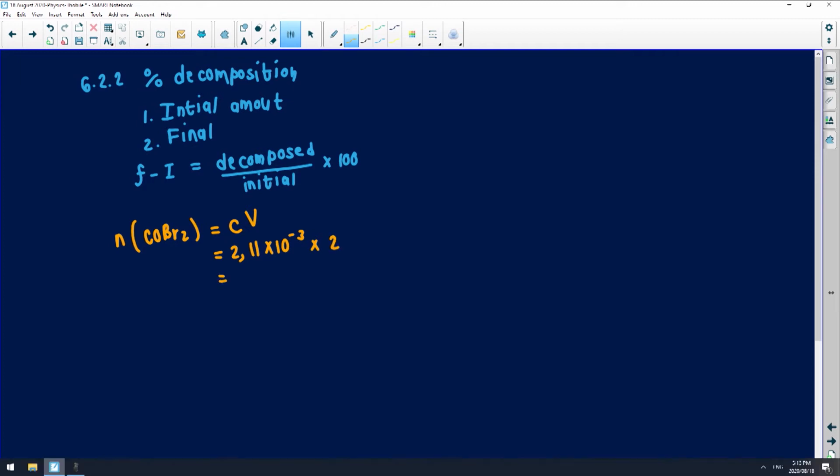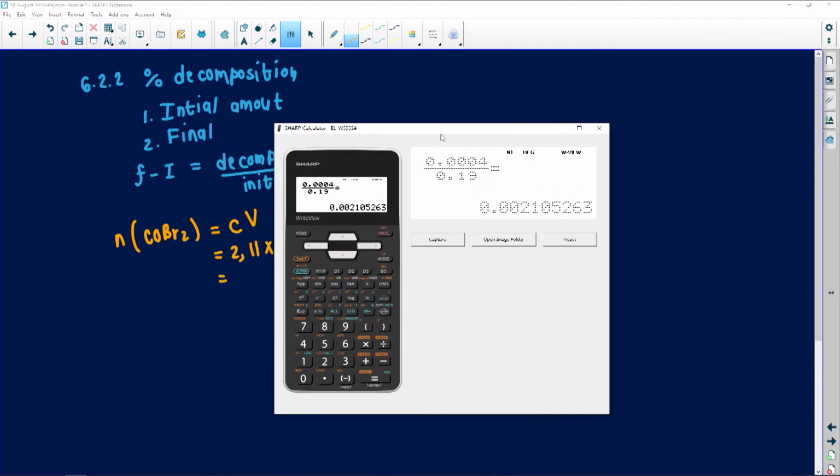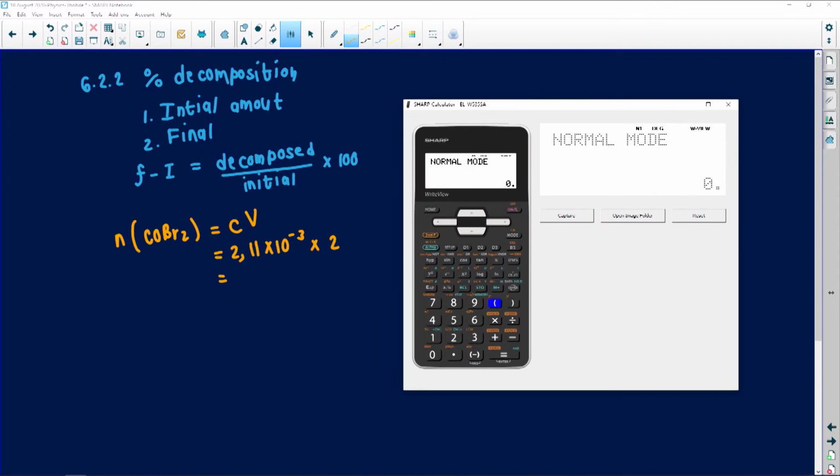Let's use our calculator to see how much we're going to get here. I always put it in brackets, I always think it's much safer. You can use either one, it really doesn't matter.